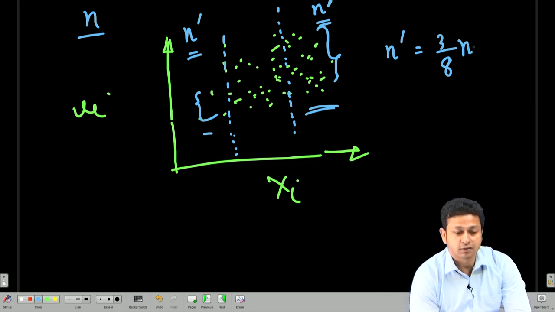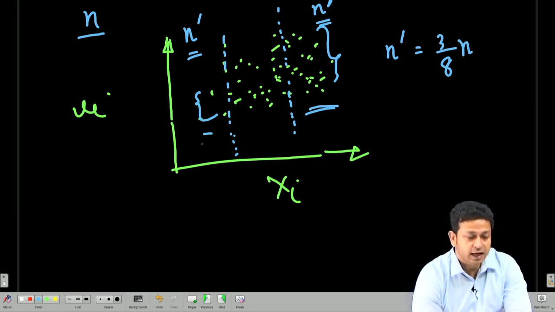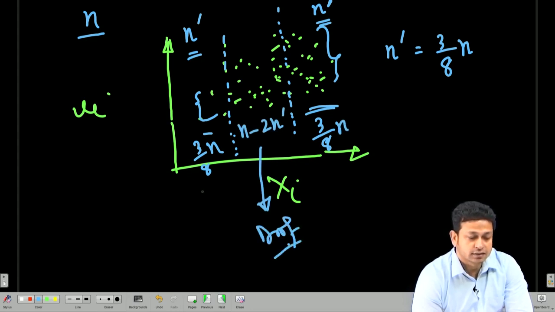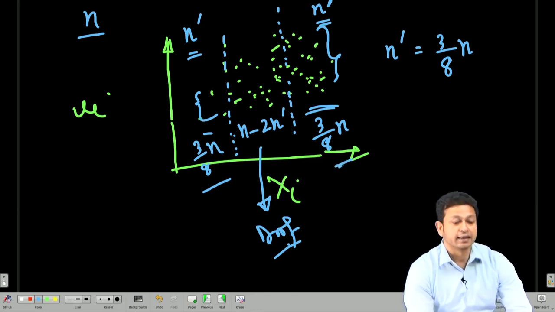So 3/8 of the total number of observations here and 3/8 of the total number of observations at the end. So these two we take. What we are left out is this 3/8 n here, 3/8 n there.